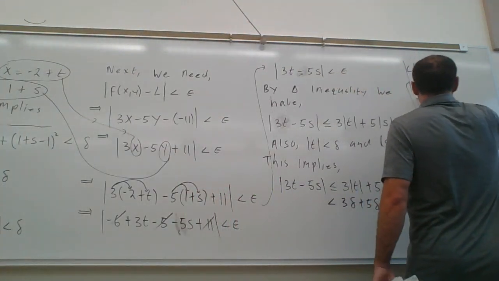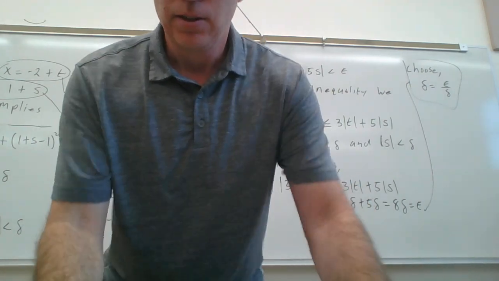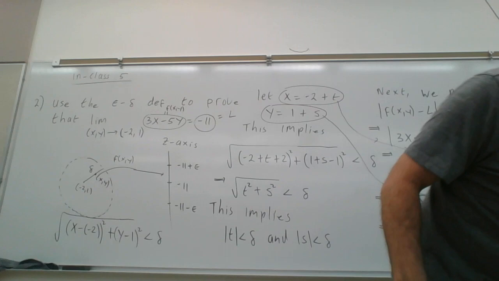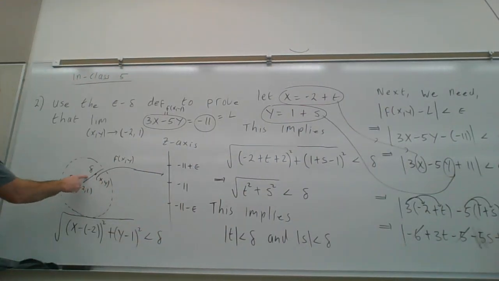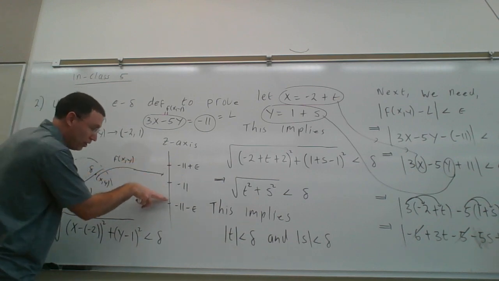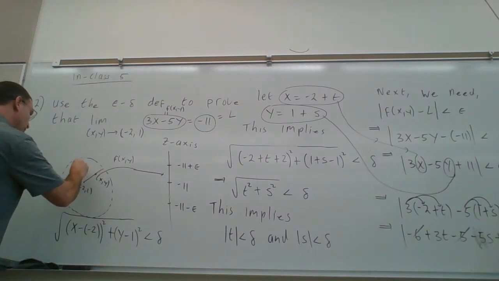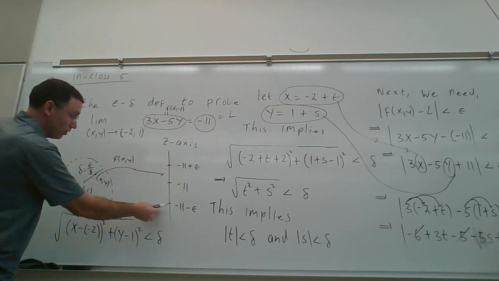And so if we go back to the beginning, let's go back to the original question. We're looking for a radius of the circle that guarantees everything in the circle will be mapped into this interval. So we've just proven that if we choose the radius to be epsilon over 8, then everything inside the circle will be mapped into this interval.